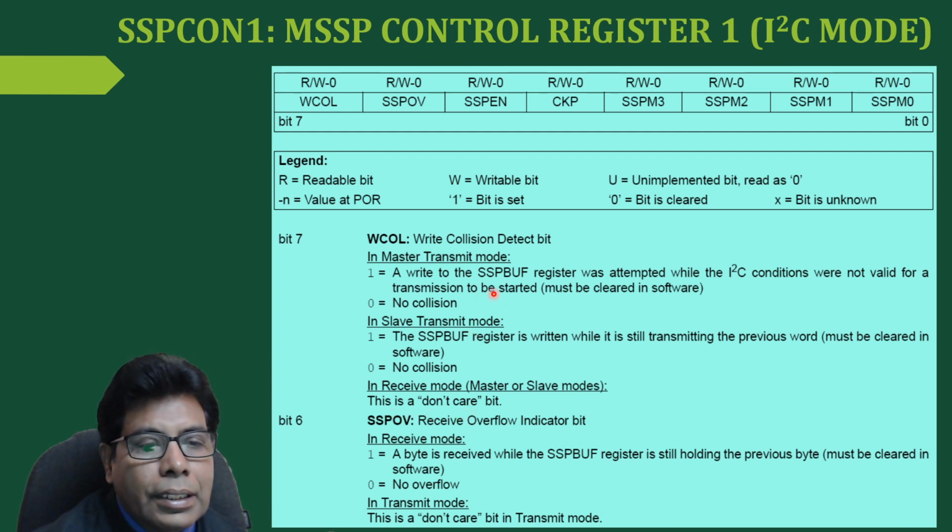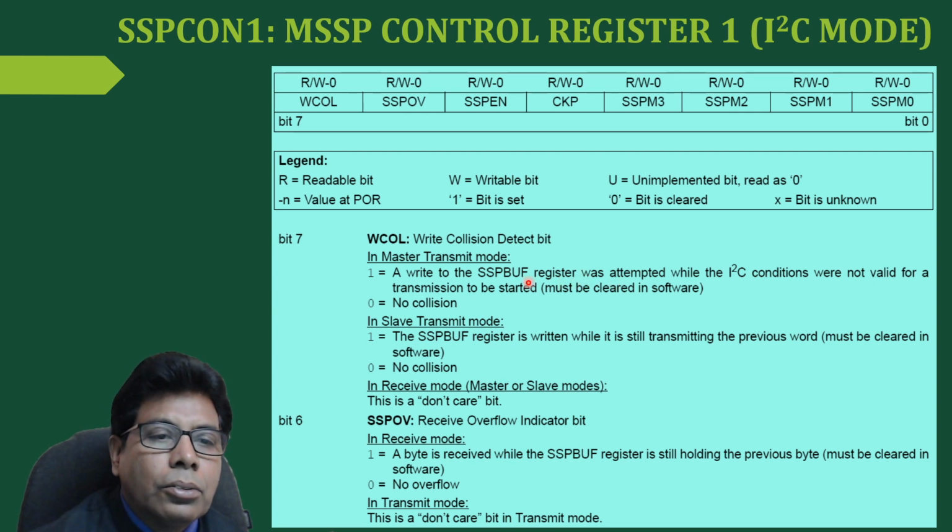Only during the transmit mode will it be used for detecting the collision. Because the bus is only a single bus with 2 wires, if different devices try to use it at the same time, it will lead to collision.